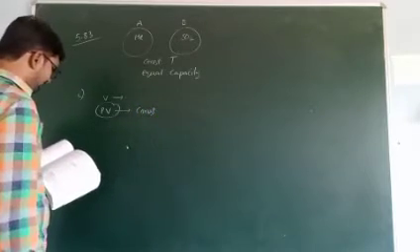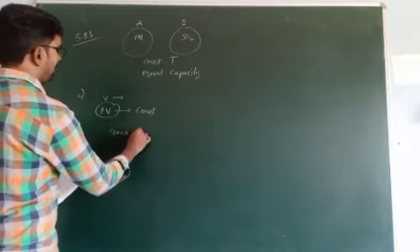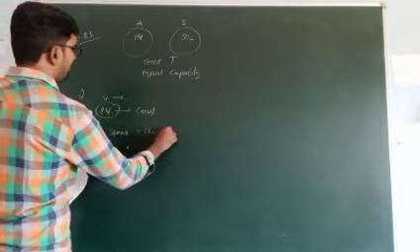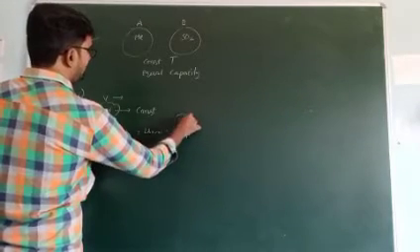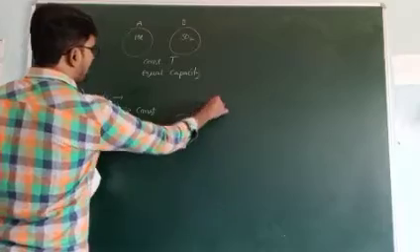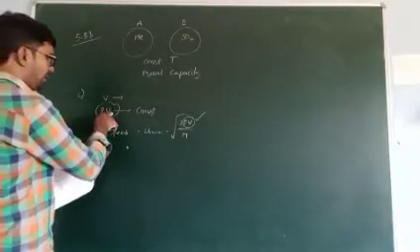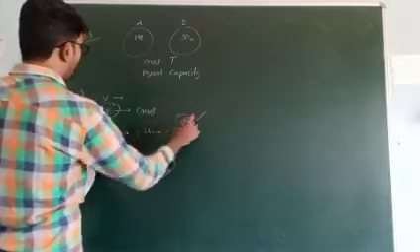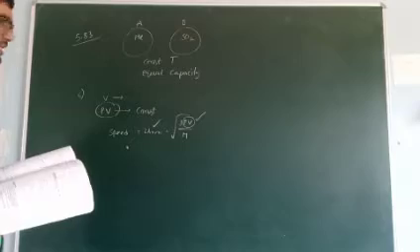For speed, we write URMS is equal to root over 3PV by M. This PV value for gases is always constant. If you change the pressure or the volume, the PV value is always constant. It means URMS is also constant.